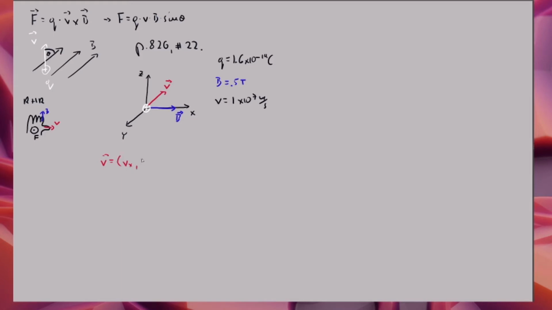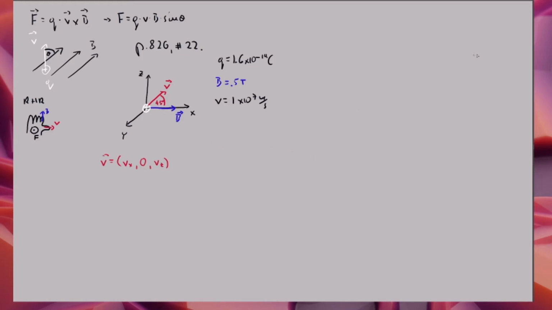It has no y component, and then it has some z component, vz. All right, so this is the picture we have, and the angle between V and B is actually given to us. This is just 45 degrees.